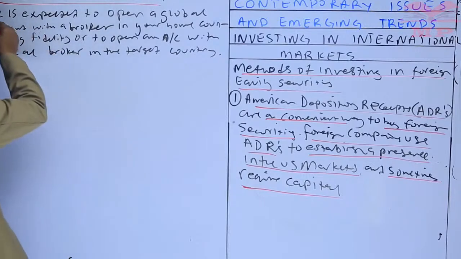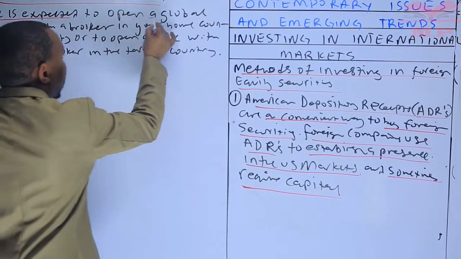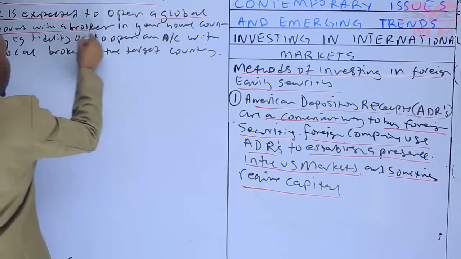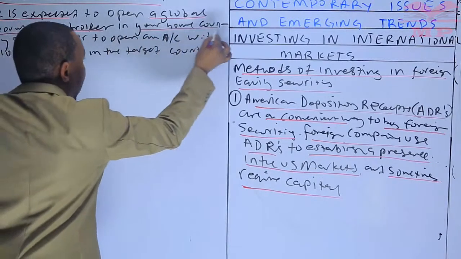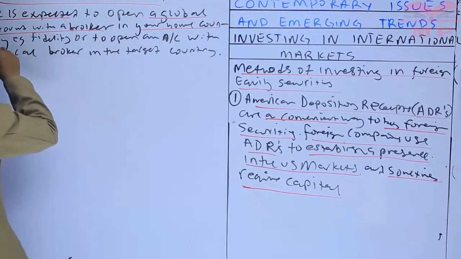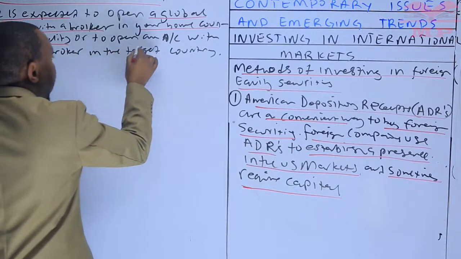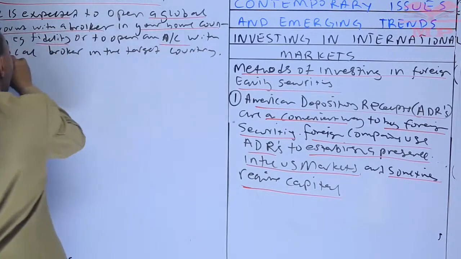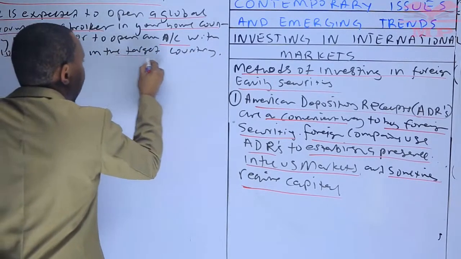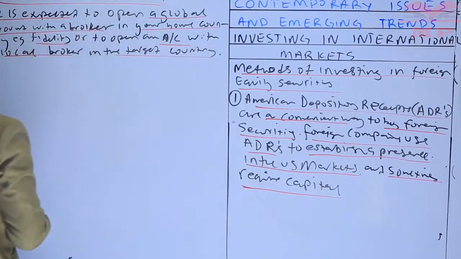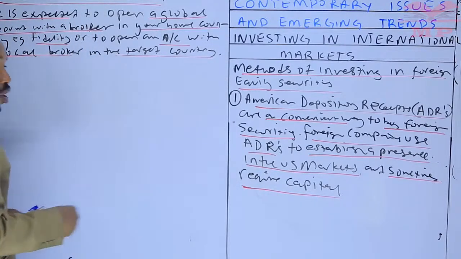So one is expected to open a global account with a broker in your home country, e.g. Fidelity, or to open an account with a local broker in the target country. So there are two ways. First, open a global account with a broker in your home country.